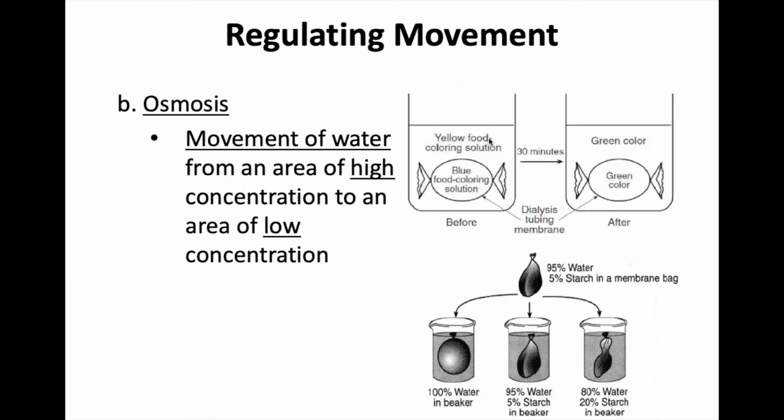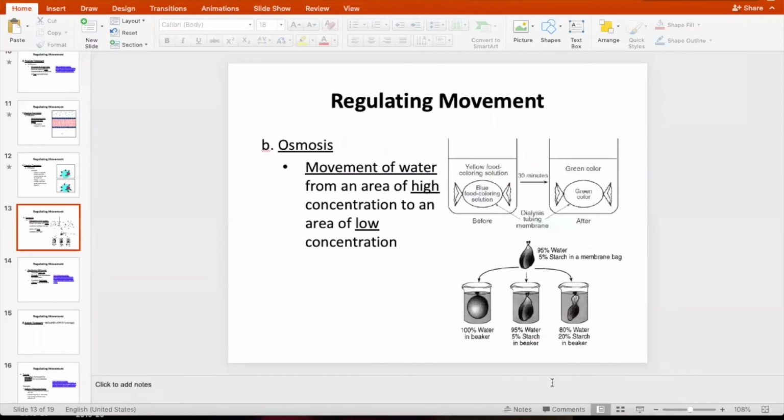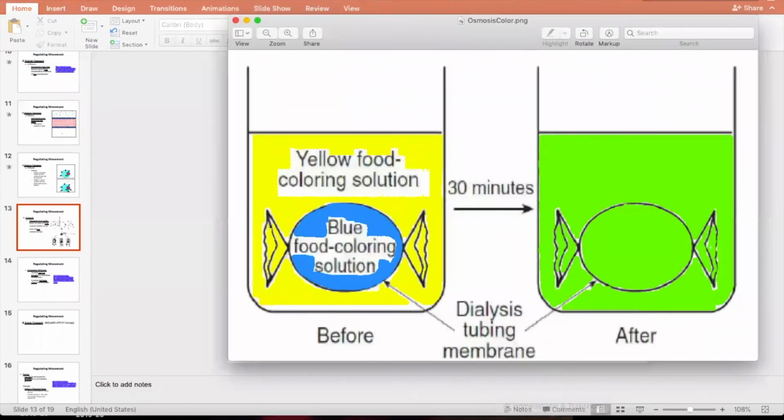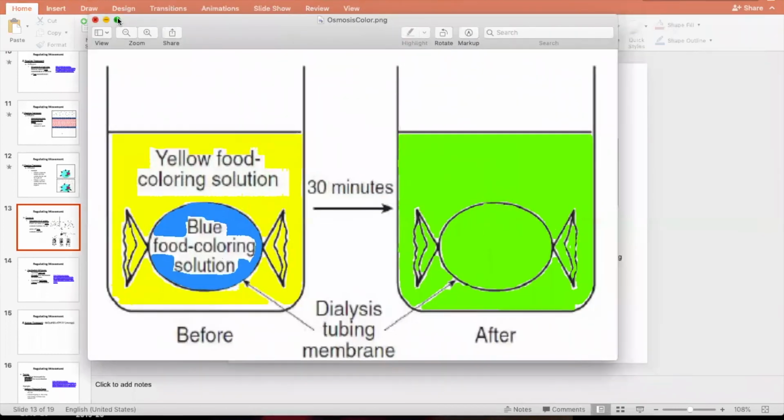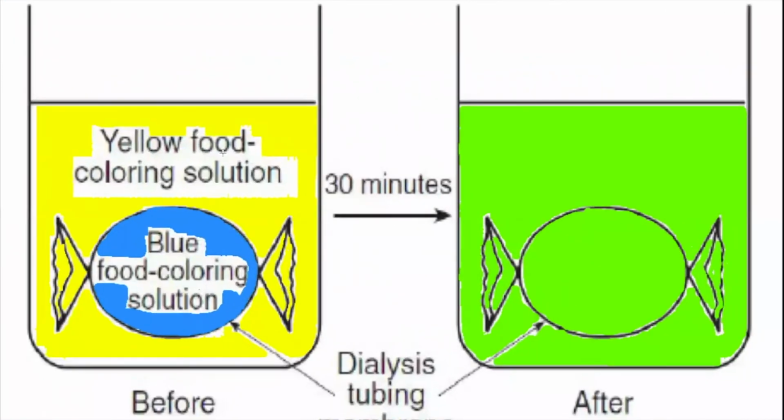Right? So yellow food color water, and then in this semi-permeable bag, blue food color water. And after 3 minutes, they both turn green. Lucky for you guys, I went ahead and colored that in for you. So we got yellow food color and blue food color, and after some time, they both turn green.